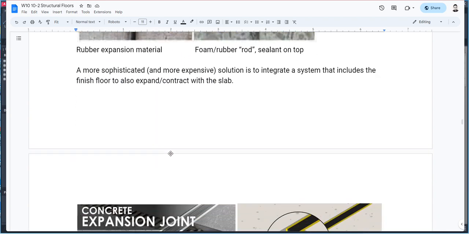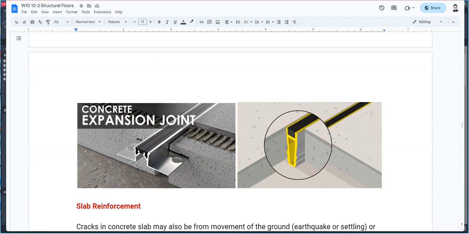In more sophisticated and more expensive settings like buildings, control joints will be out of two metal pieces with a rubber piece that expands, and when the slab separates, then the metal pieces will go with the slab. Same thing here. The metal pieces will widen and pull that joint wider, and because it's a more expensive piece that has an integrated fill or rubber cover, then you don't need to worry about how it's going to look.